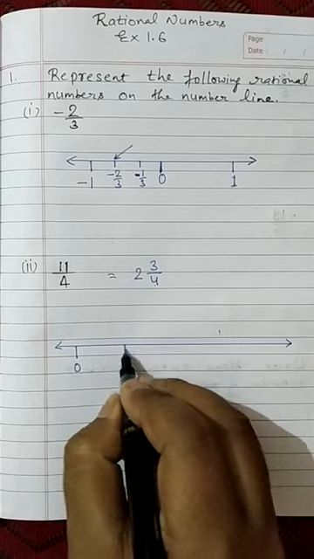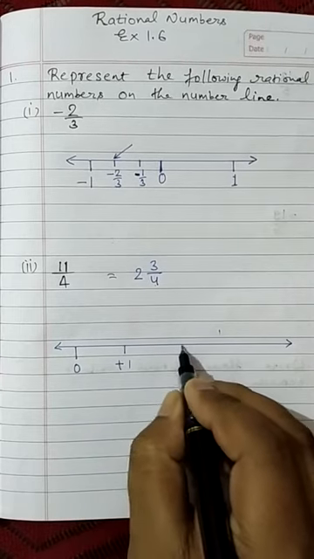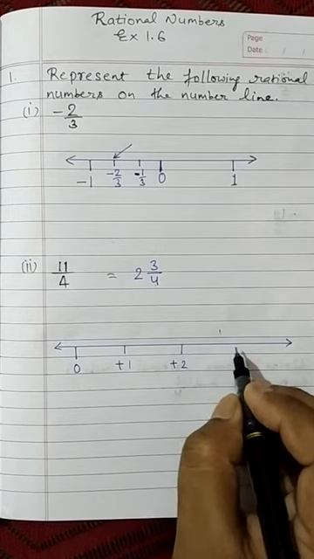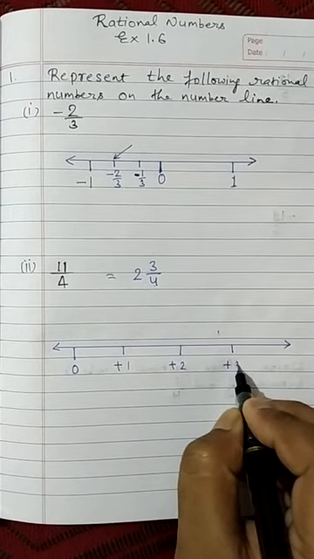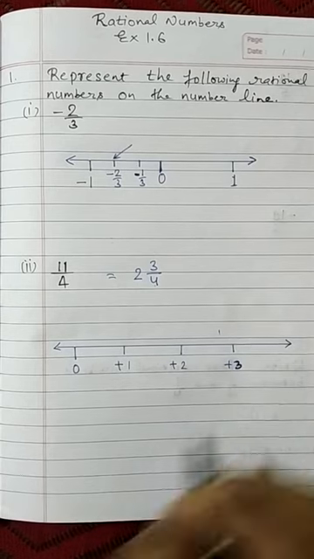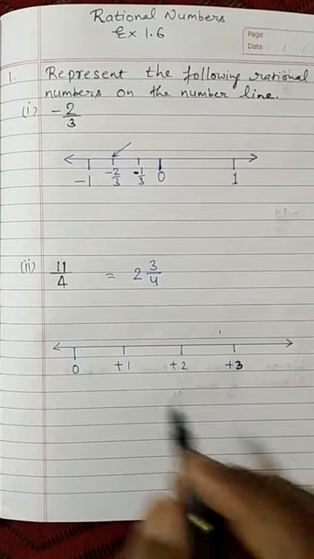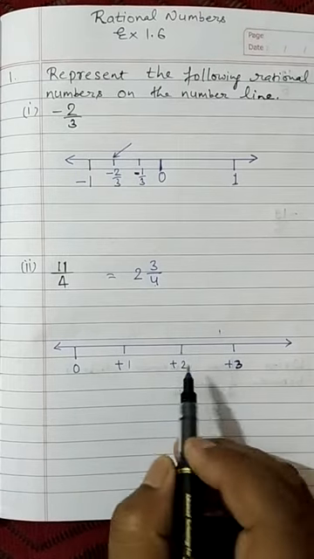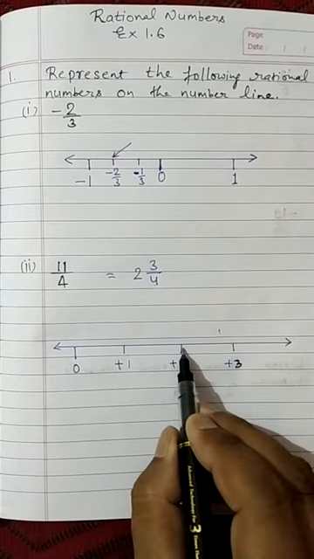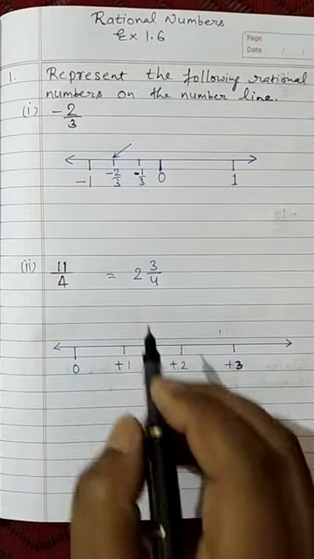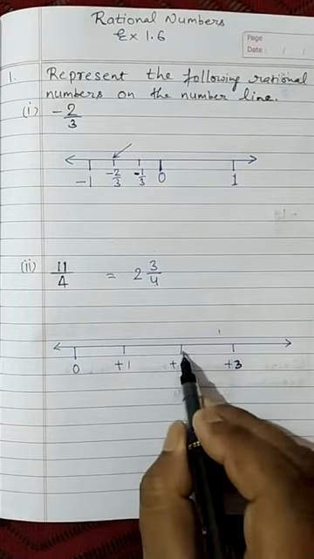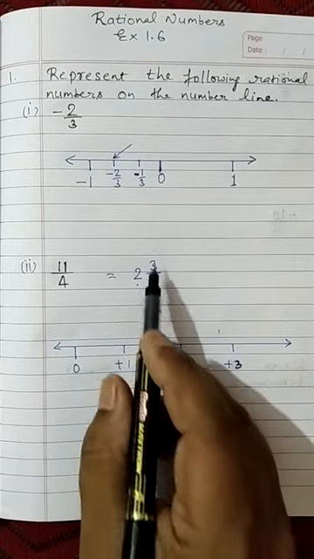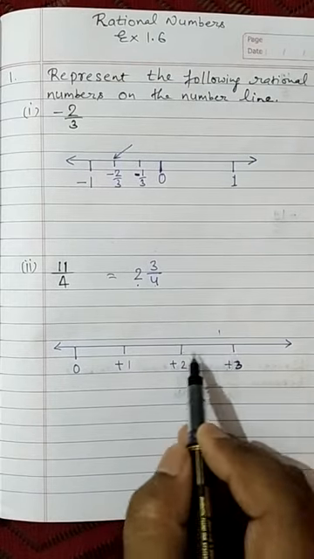On the right side we have plus 1, then plus 2, and on equal distance we have plus 3. So this is 2 and 3 upon 4. So after 2, this number will be represented between these two. This 2 is this one, and 3 upon 4 will be in between them.